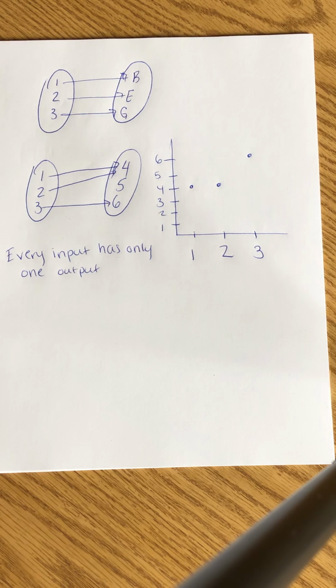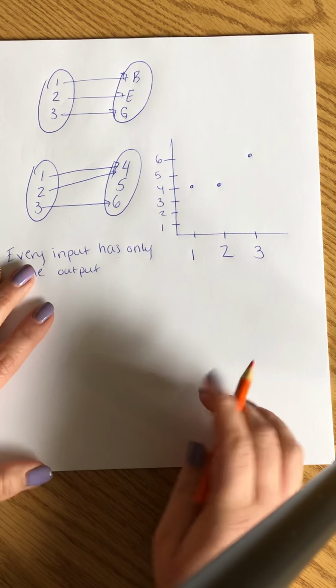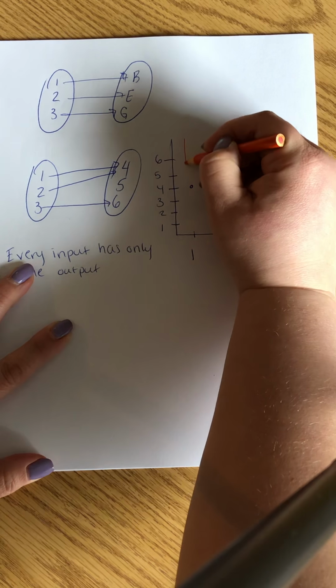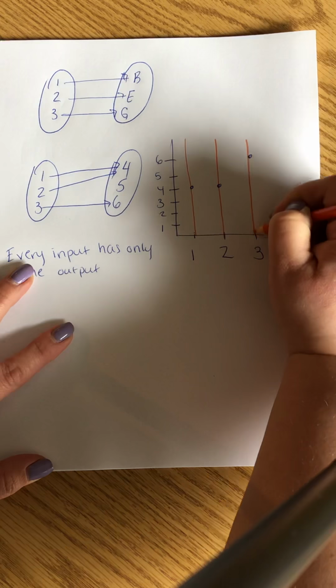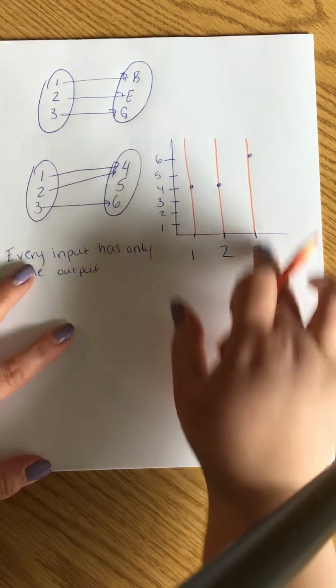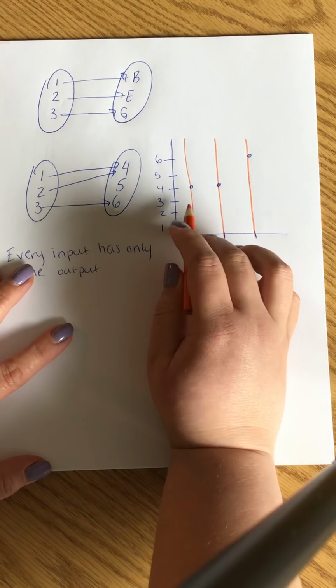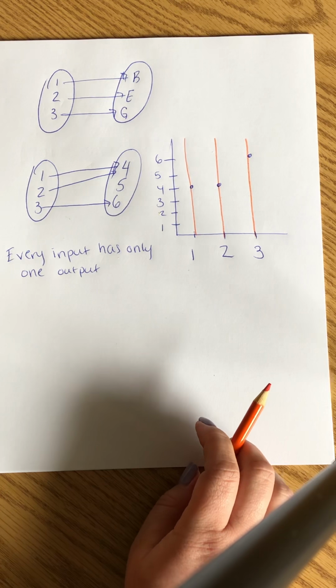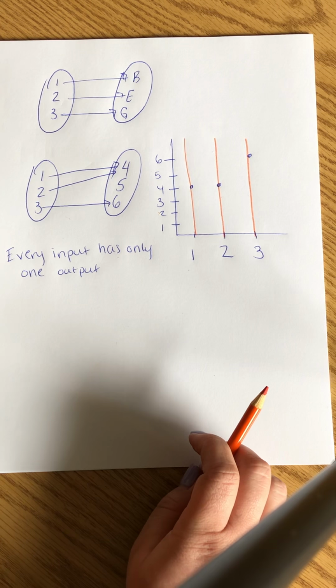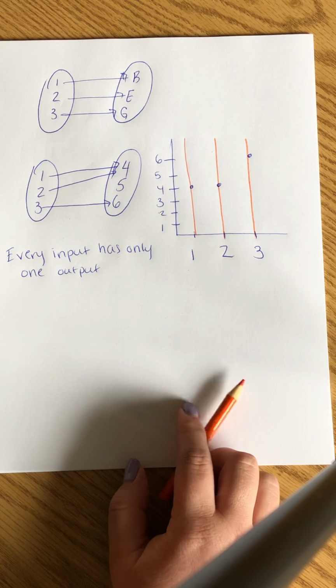So if I was to go through and draw these vertical lines from each input, is there one dot on each of those lines? Or you could think of it, is there less than 2 dots?